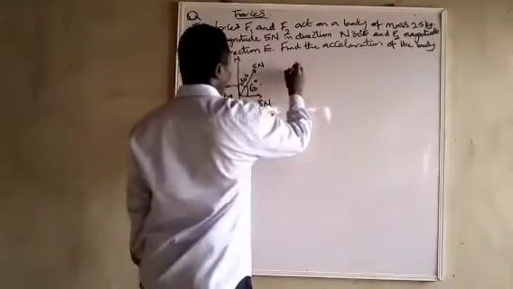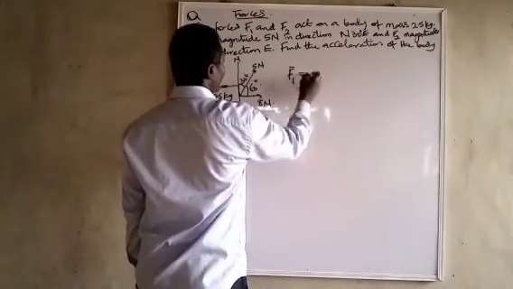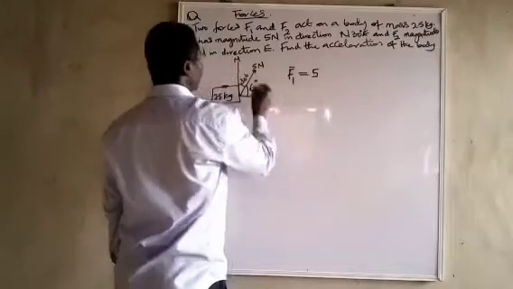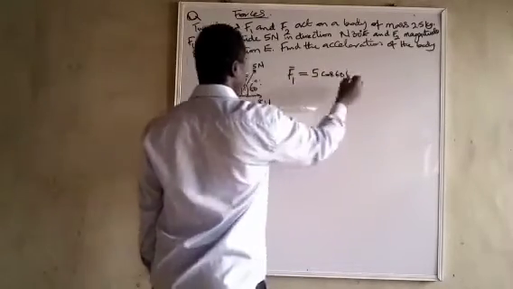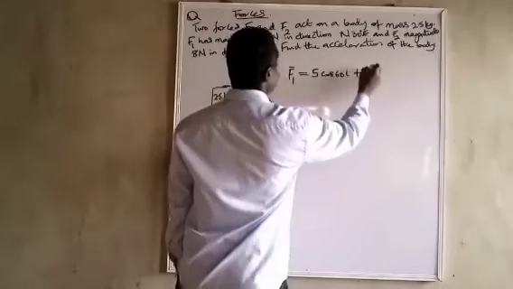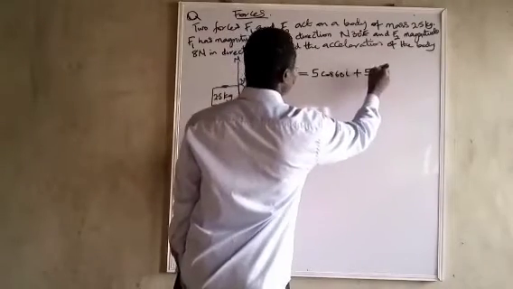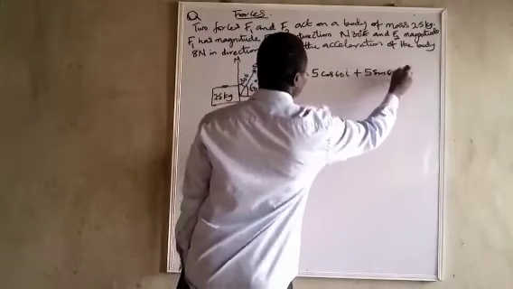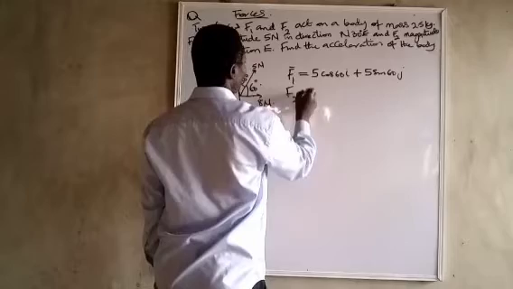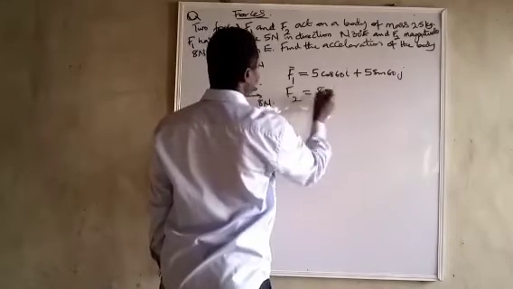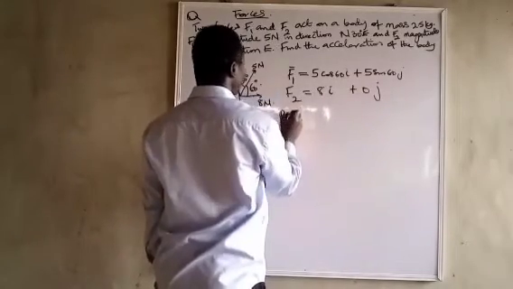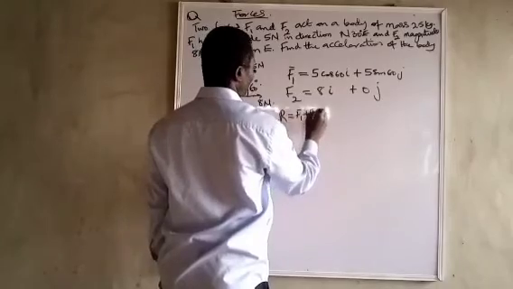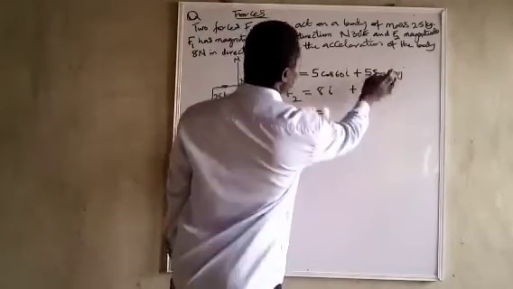So F1, we can write it as 5 cos 60 i plus 5 sin 60 j. F2 is 8i.